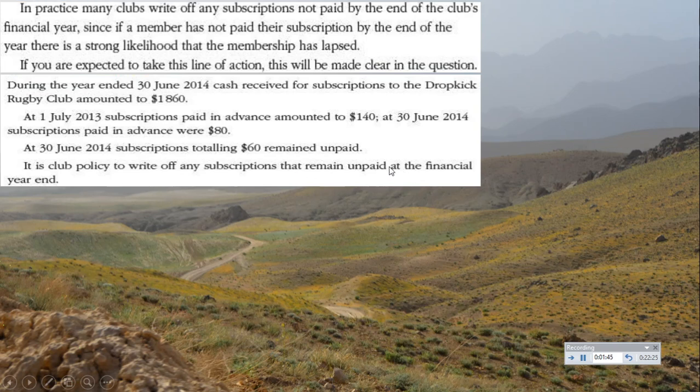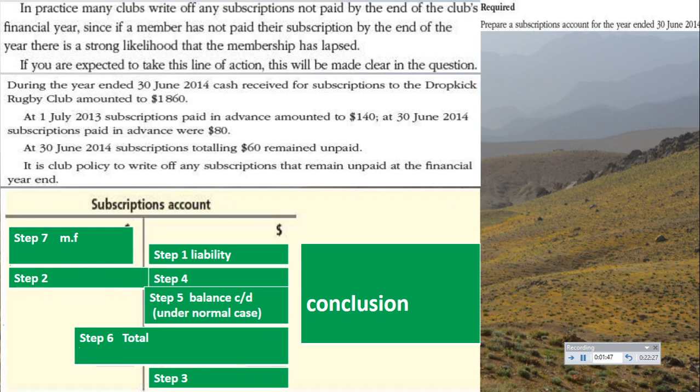So let's have a look at how it's done. Here's your subscription account. So let's start off. During the year ended 30 June 2014, cash received for subscription to Dropkick Rugby Club amounted to $1,860. That's your cash received.